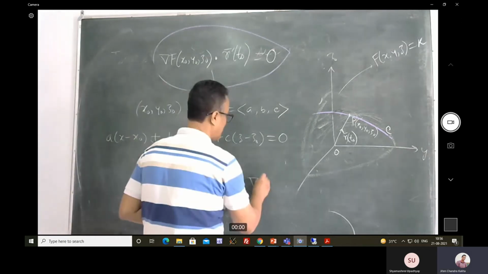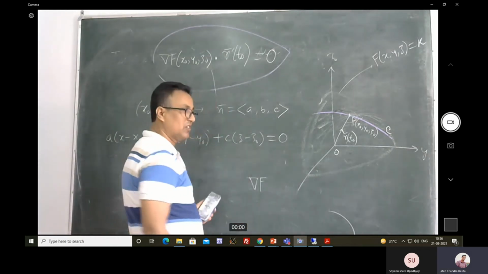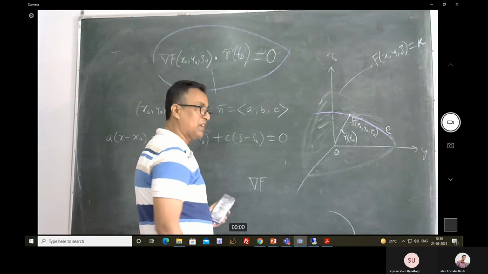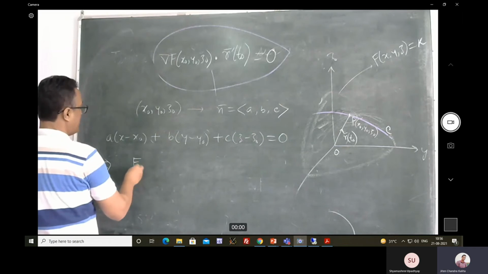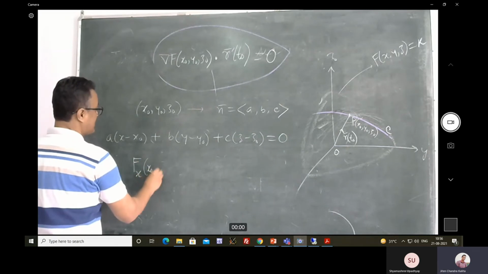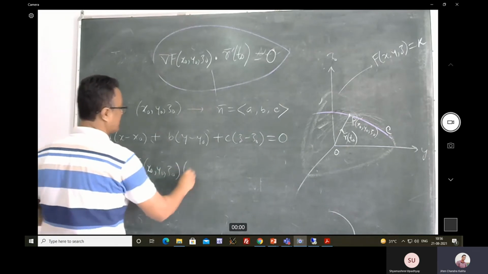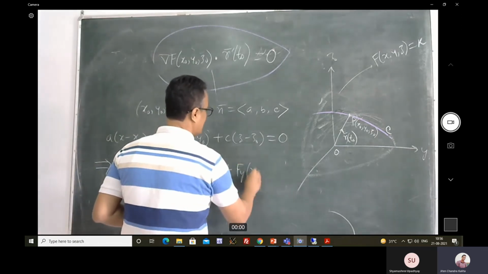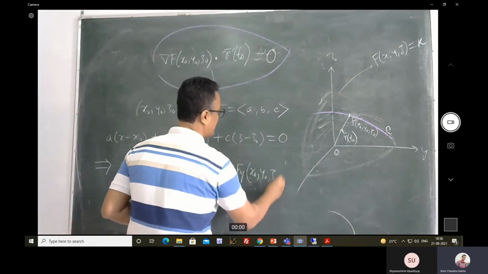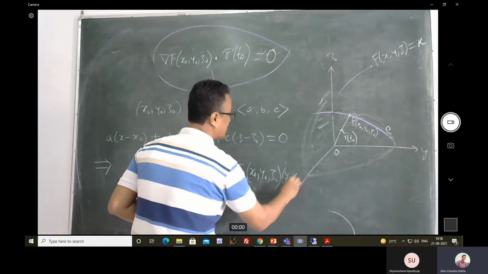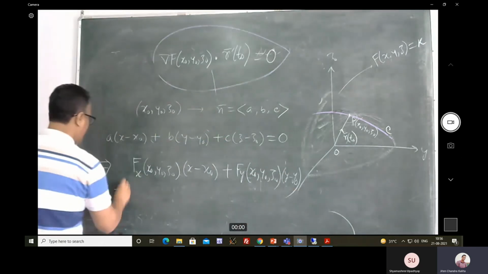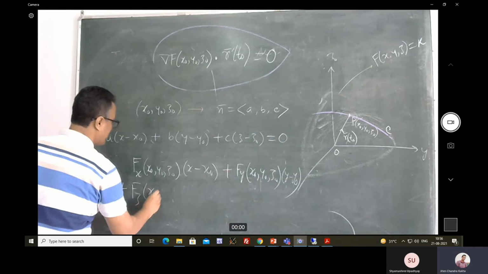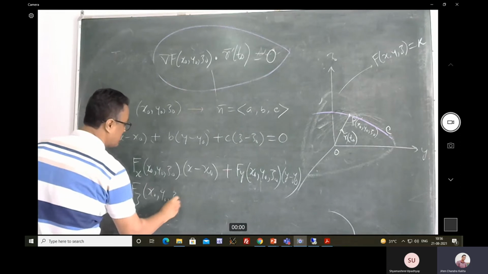Now I have found out that the gradient vector is nothing but these components A, B, C, which must be given by fx at x naught, y naught, z naught, then fy at x naught, y naught, z naught, and fz at x naught, y naught, z naught.